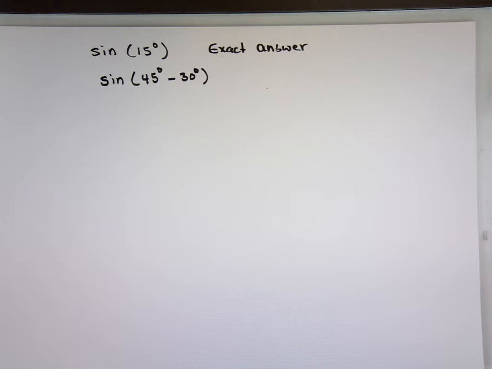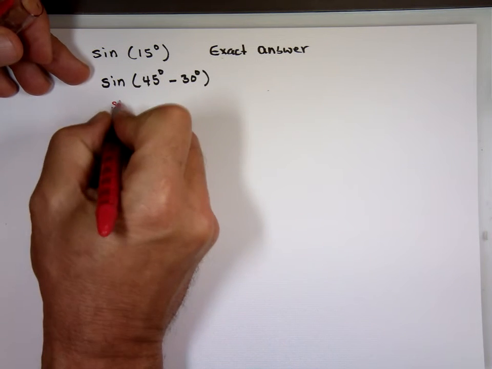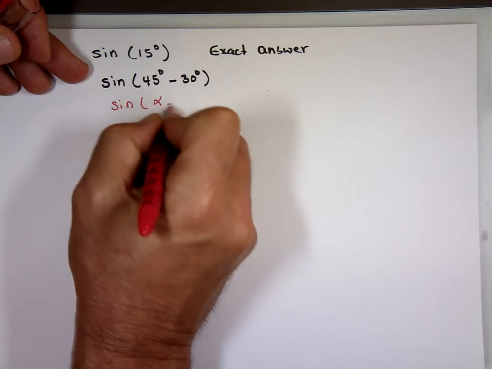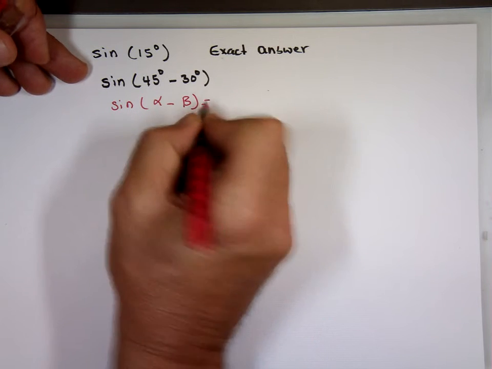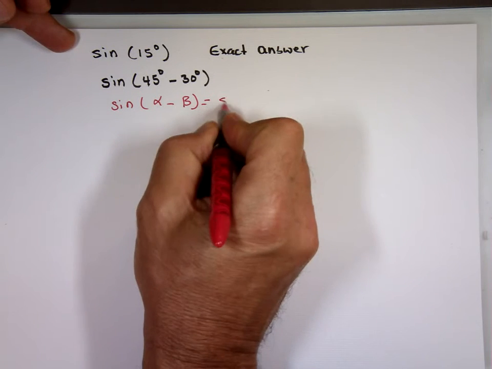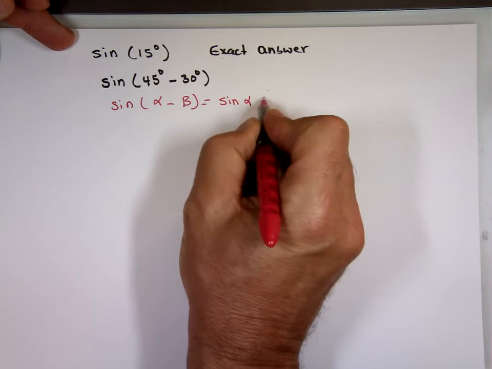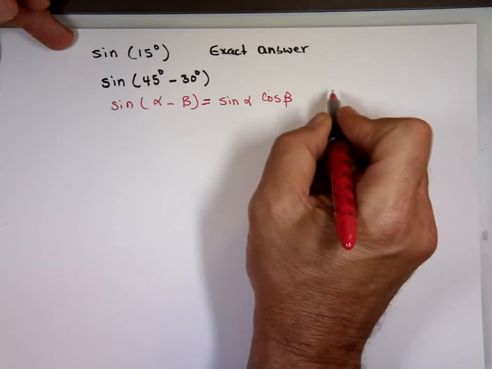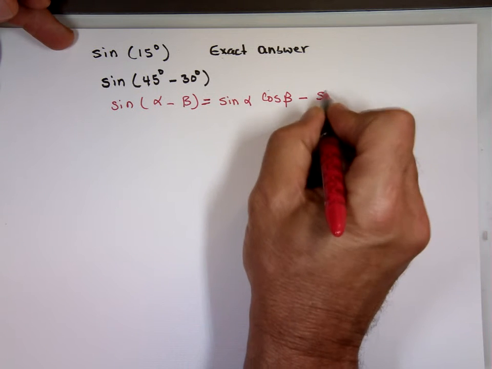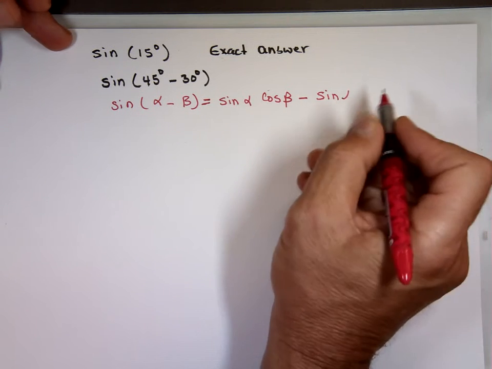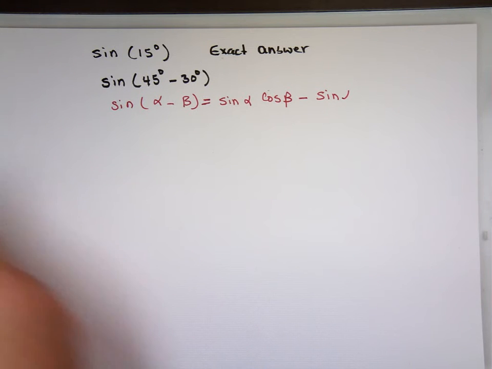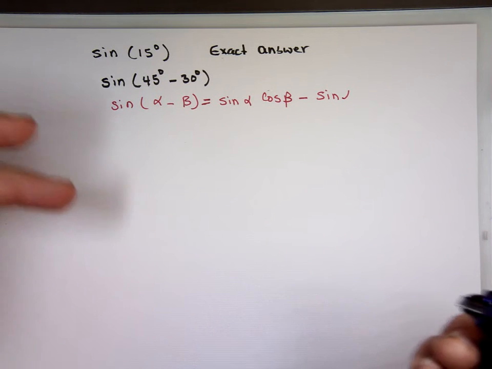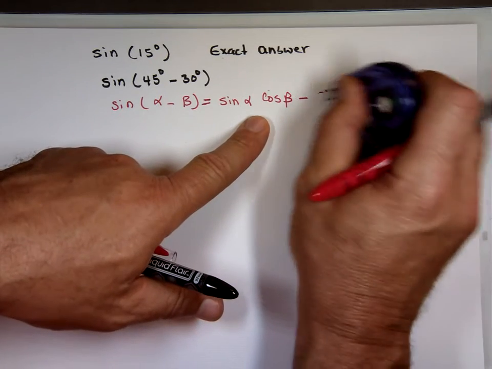We have the trig identity we just finished writing that says sine alpha minus beta is equal to what? Sine alpha cosine beta minus cosine alpha sine beta.